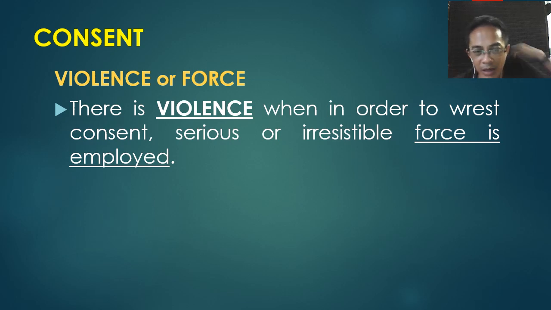Habang nakaupo ka, para pumayag ka, ginapukpok ka ng puwet ng baril o ginapukpok ka ng baseball bat, pwede yun. Pero kung kusi-kusi lang ka, it's not so serious or irresistible. It may not vitiate consent. Okay? For violence or force to vitiate consent, must be serious and irresistible.